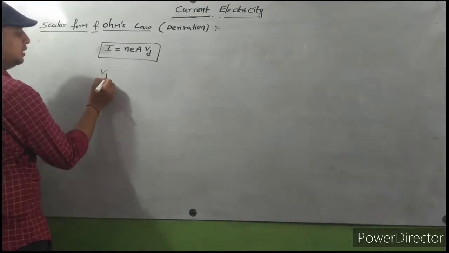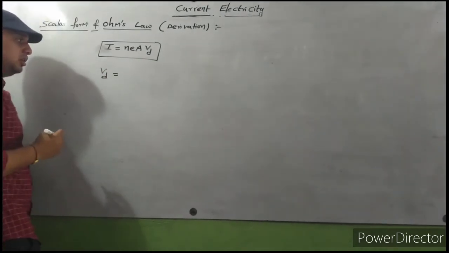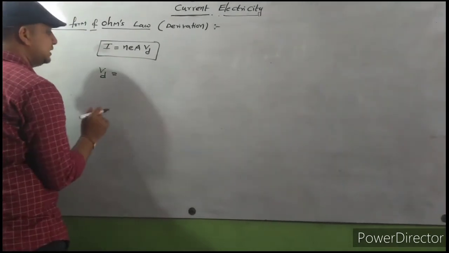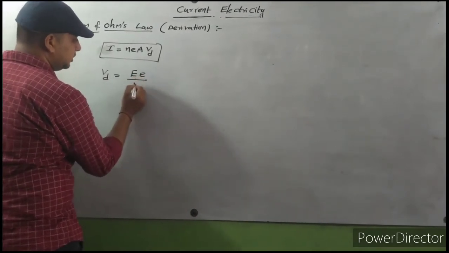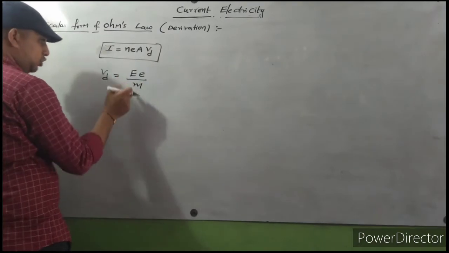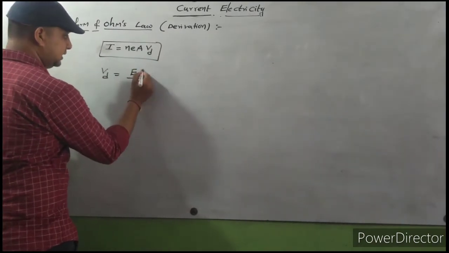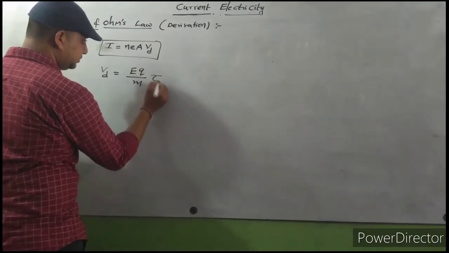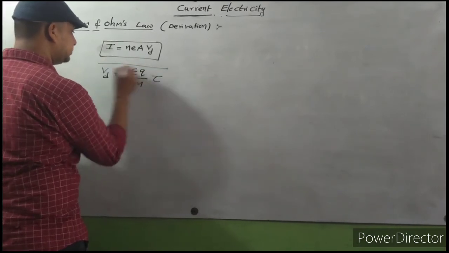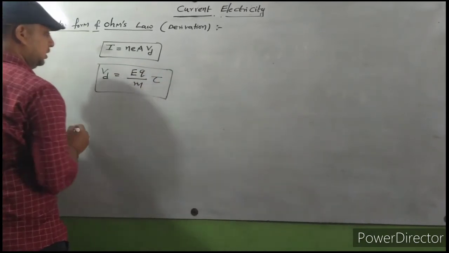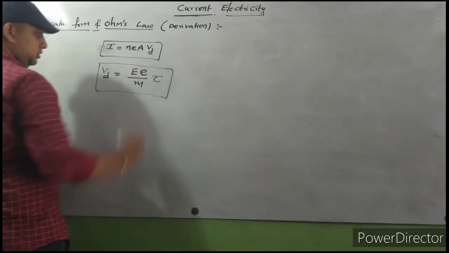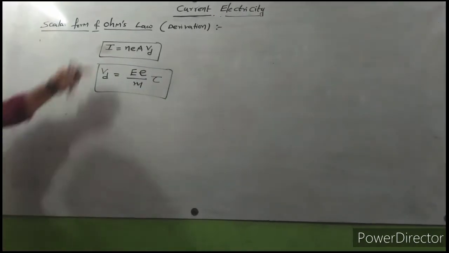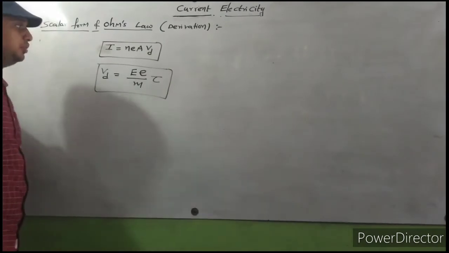And the drift velocity formula you know already: Vd is equal to acceleration into tau, that is, eE by m into tau. Here e is nothing but the charge of electron. So these two formulas you already know.